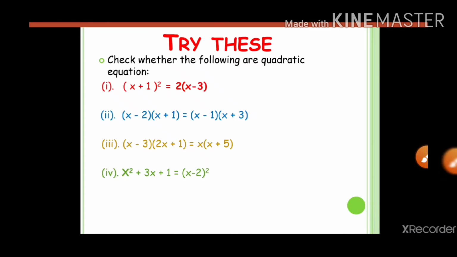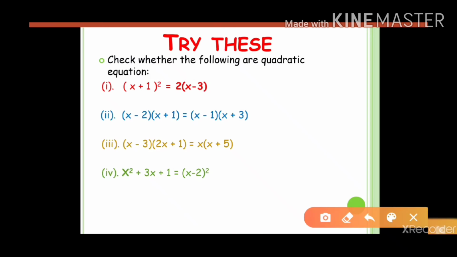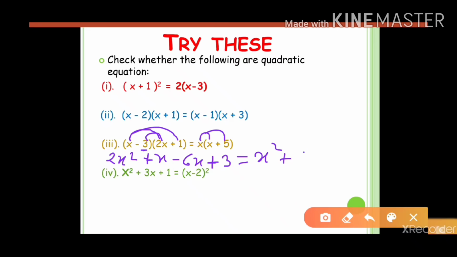Now we take another example. x minus 3 multiply with 2x plus 1 equal to x multiply x plus 5. Now we multiply x with 2x, we get 2x square, x multiply plus 1, we get plus x, minus 3 multiply 2x, it becomes minus 6x, minus 3 multiply 1, it becomes plus 3, equal to x multiply x square, and x multiply plus 5, it becomes plus 5x.